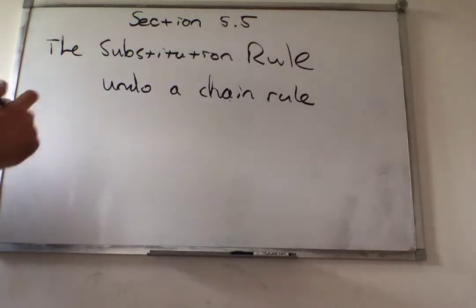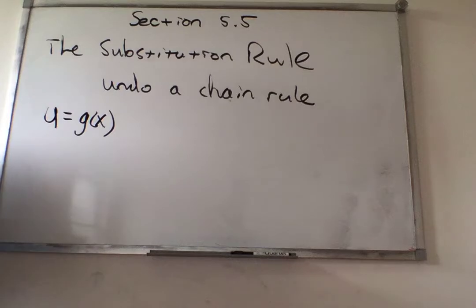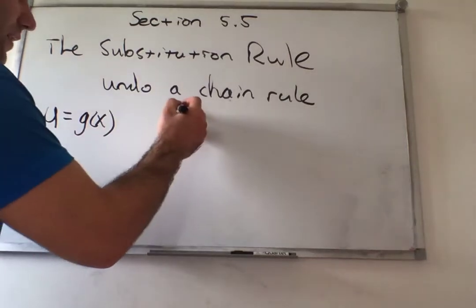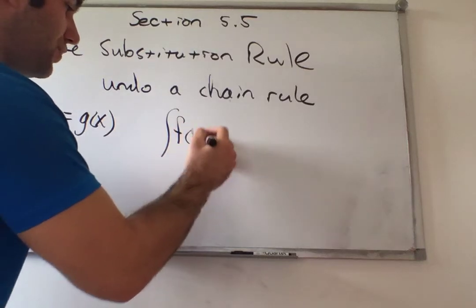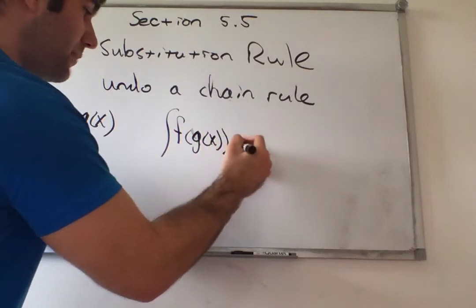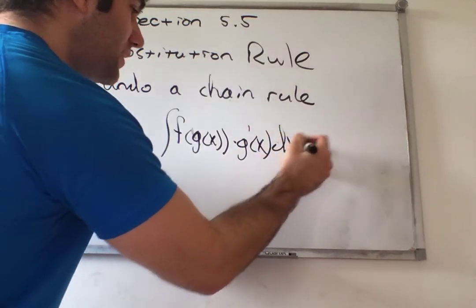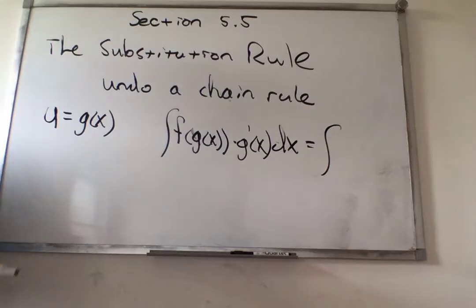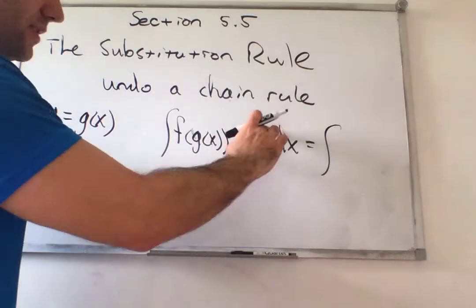It says if u is equal to g of x is a differentiable function whose range is in interval I and f is continuous on I, then the integral of f of g of x times g prime of x, if you remember, this is what the chain rule looked like: f prime of g of x times g prime of x.